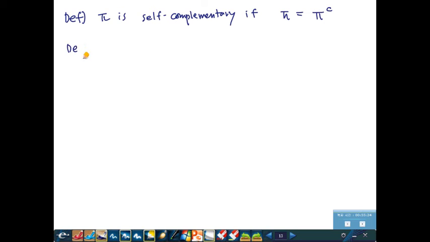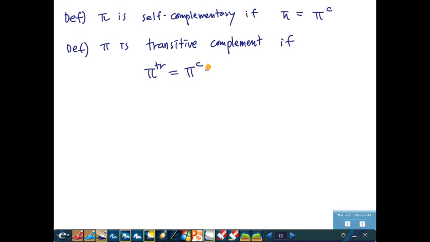And pi is called transpose complement if pi transpose equals pi^C. You can combine these, and you will realize at the end there are 10 different symmetries in plane partitions inside the box of the same side length n.